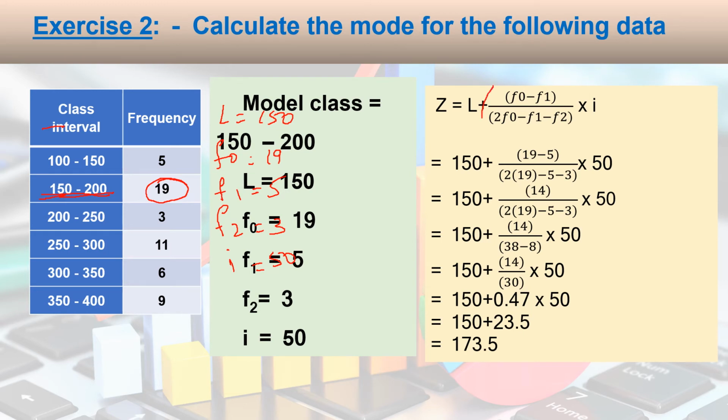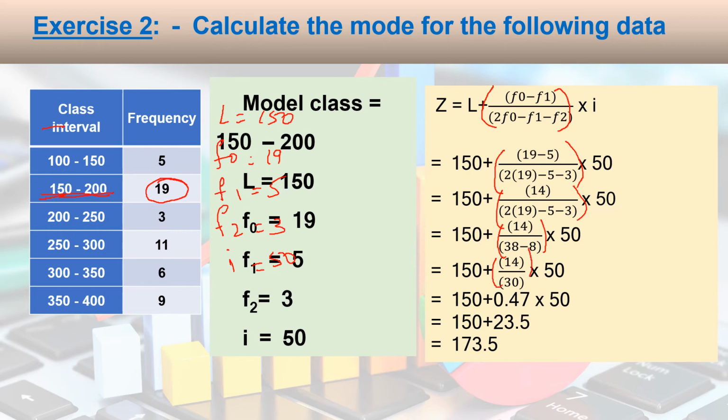Here I put it in brackets because this is what we are supposed to solve first. So 150 plus (19 minus 5) divided by (2 into 19 minus 5 minus 3). 19 minus 5 we get 14. 2 into 19 comes to 38. So we get 150 plus 14 divided by 38 minus 8, that is 30, into 50.